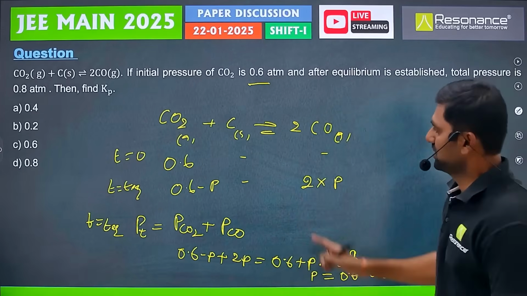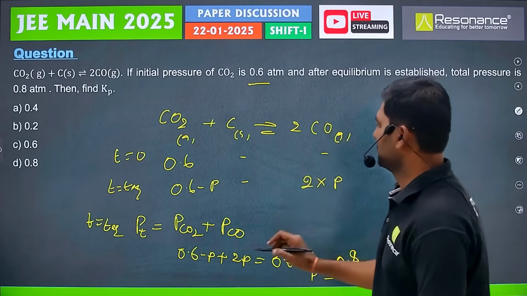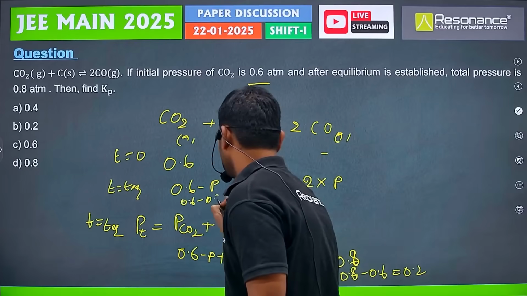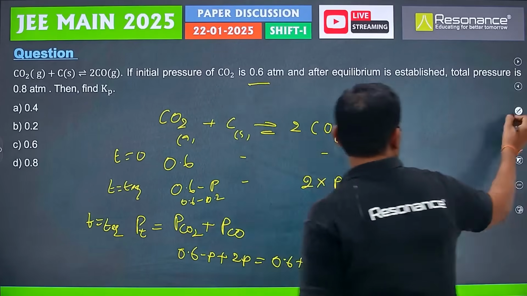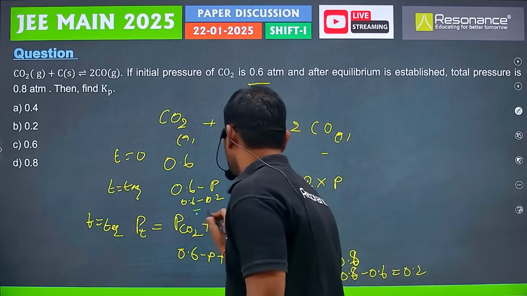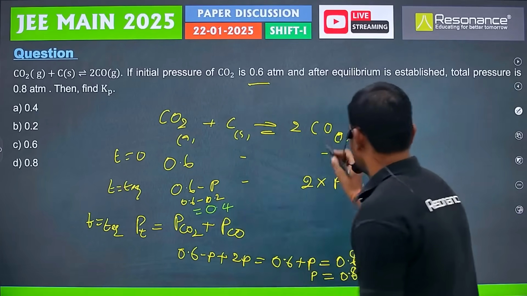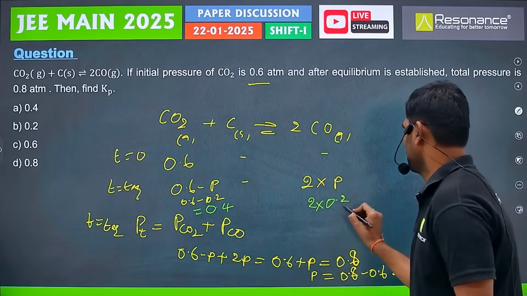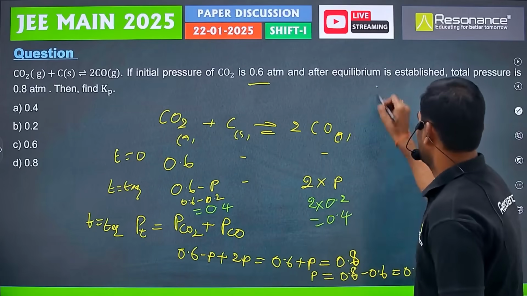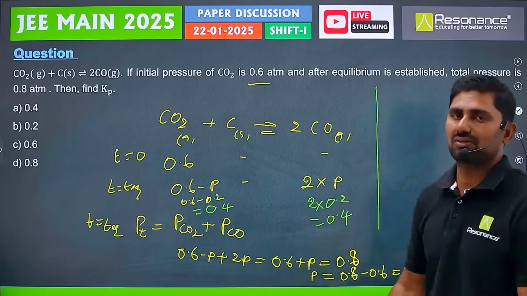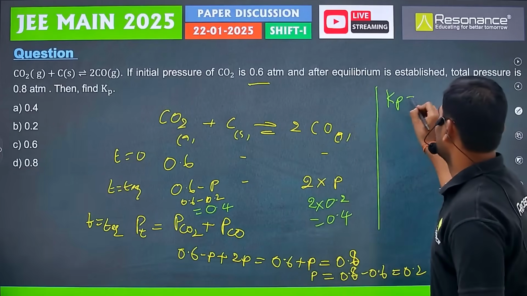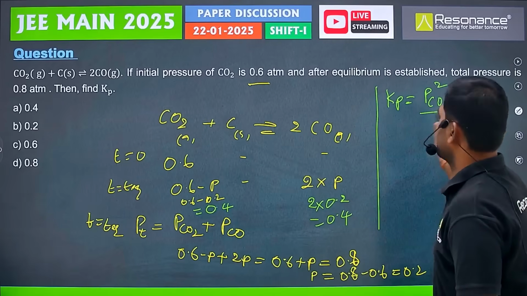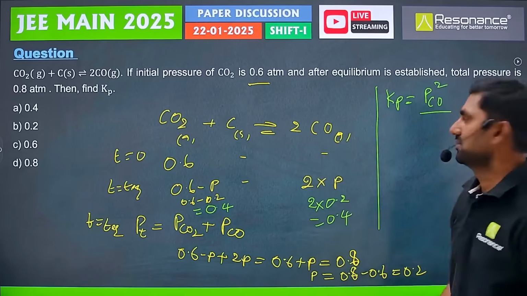So we have the equilibrium pressures of CO2 as well as CO. For CO2, 0.6 minus 0.2 is 0.4. For CO, 2 into 0.2 is 0.4. Now we know the basic expression: Kp equals the partial pressure of CO, the product, squared, divided by P of CO2; the solid's active mass is 1.